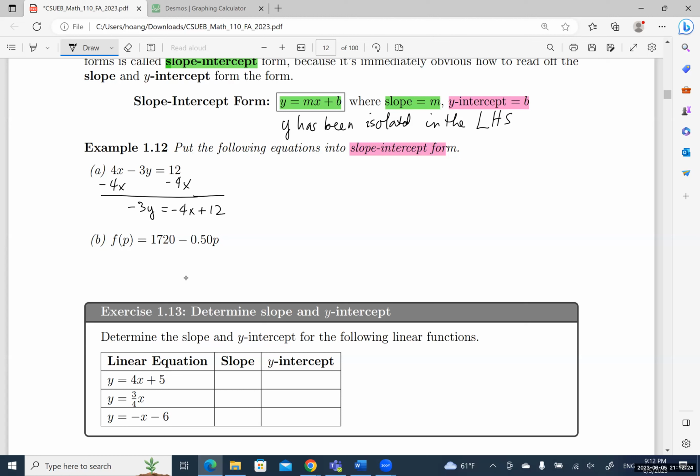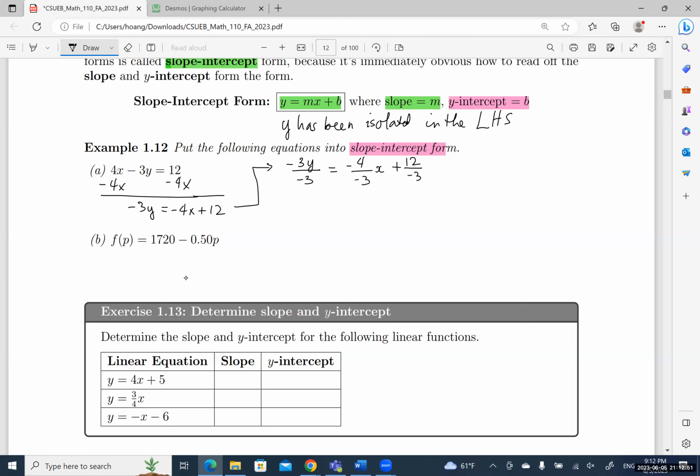All right. So now I don't want the negative 3 there. So I will go ahead and divide by negative 3 both sides. So I say negative 3y divided by negative 3. And I have negative 4 over negative 3x, and adding with 12 divided by negative 3.